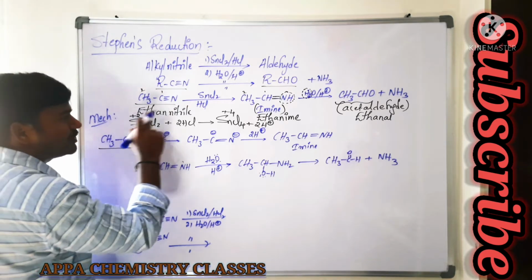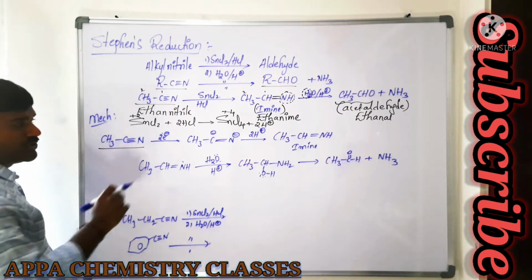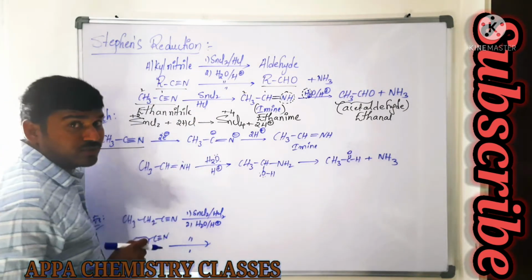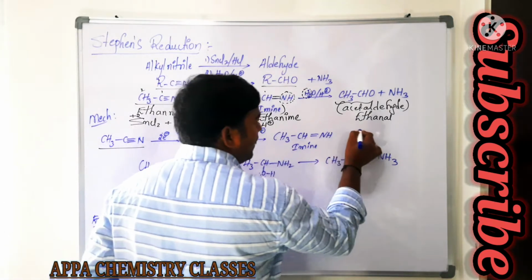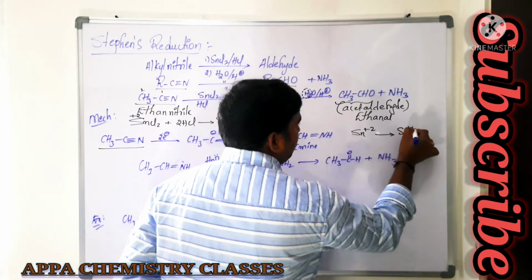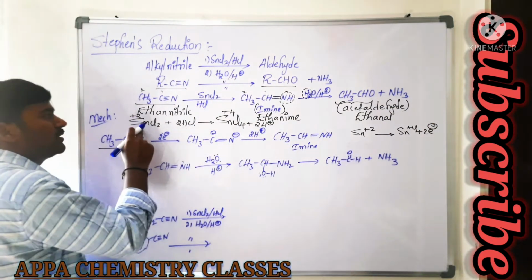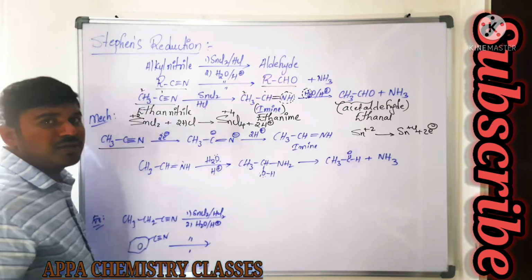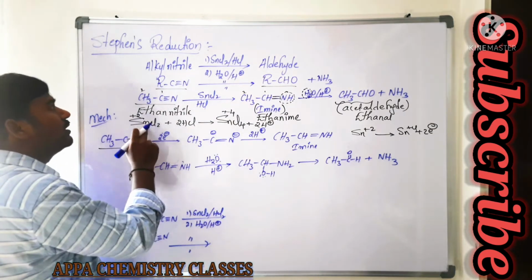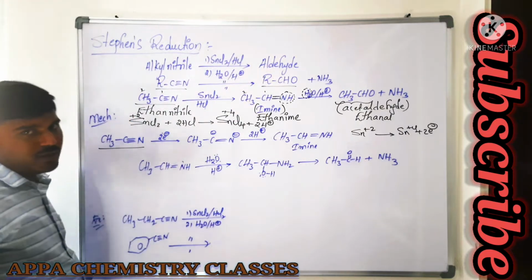Sn plus 2 is oxidized to Sn plus 4 by loss of electrons. How many electrons is it losing? 2 electrons. So the stannous chloride is participating in oxidation and it is reducing the alkyl cyanide to aldehyde.